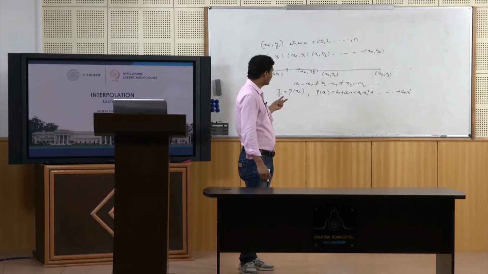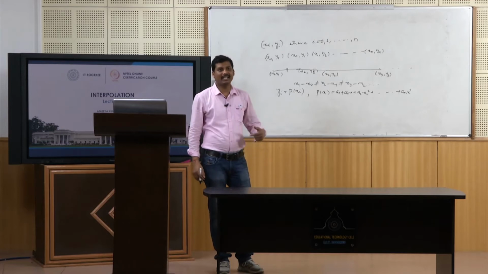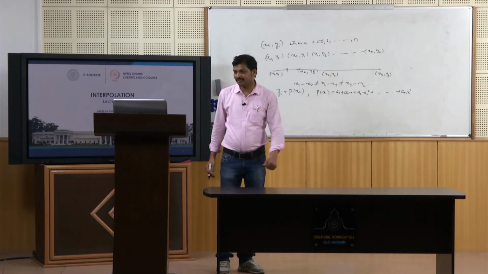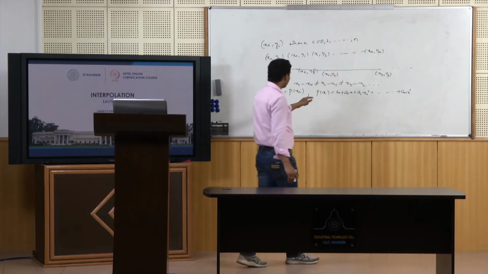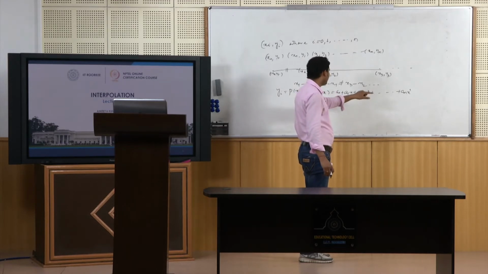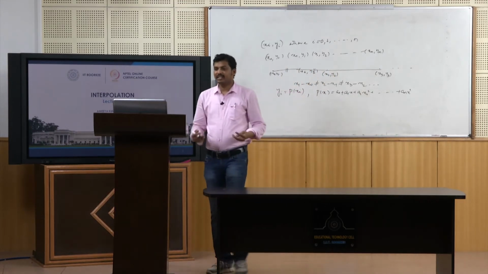And to determine these n plus 1 coefficients, since it is a polynomial of degree n, we need n plus 1 equations to evaluate these coefficients. Since all of these are constants, one value like a0 can be taken to the right hand side, and all of the variables a1 to an can be evaluated by considering n equations here.